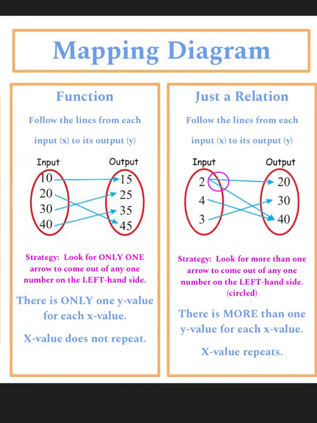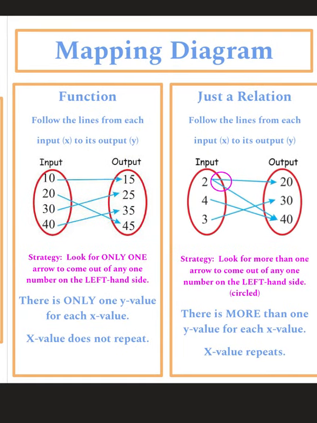Now for a mapping. Mapping is a little crazy with all this crisscrossing, but here's what you need to always focus on. You're just focusing on the x side. So sometimes I would cross, or if I could cover it up with my hand, maybe you could do that to your screen. Just cover up the other side so you only focus on the x values.